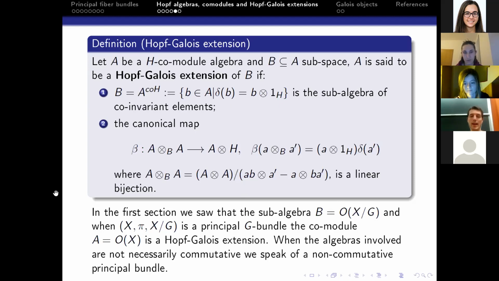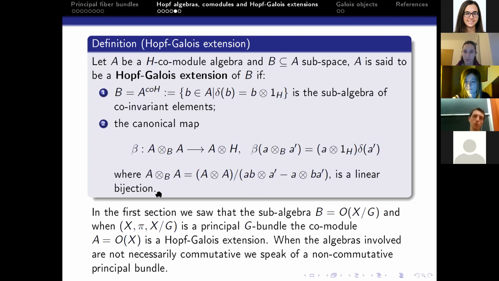For the case of a principal G bundle, if we go into the algebra setting and write down the Hopf-Galois extension given by functions over X, the algebras involved are only commutative algebras.